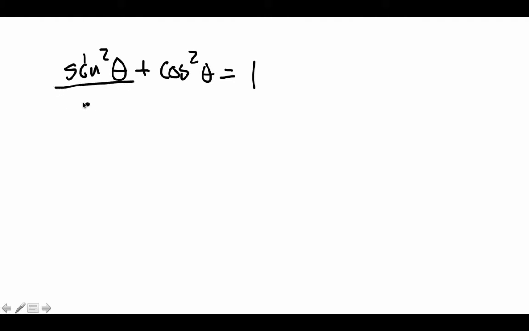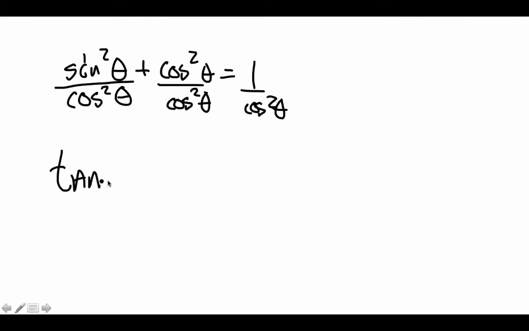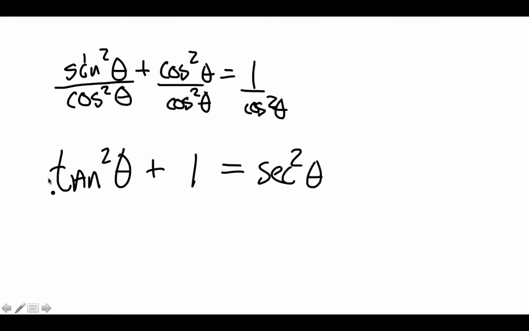If I divide this by cosine squared theta, and this by cosine squared theta, and this by cosine squared theta, the sine over the cosine, that's what we talked about at the beginning of the video, is tangent. So sine squared over cosine squared is tangent squared. Cosine squared over cosine squared is 1. And 1 over cosine is secant, so 1 over cosine squared is secant squared theta.